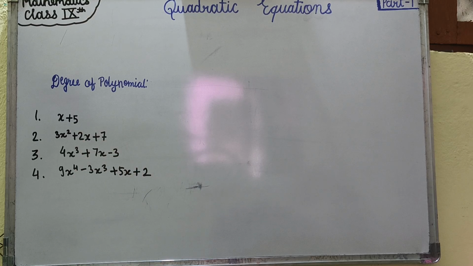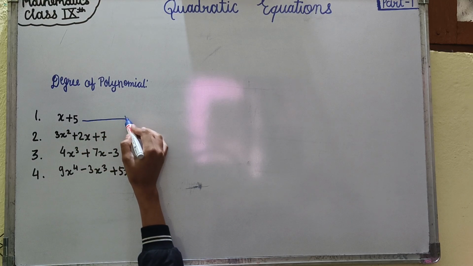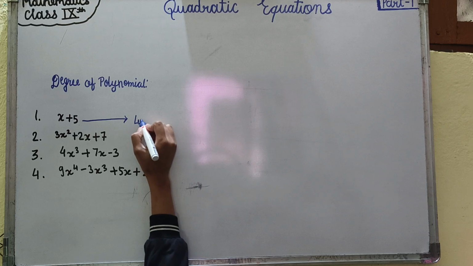In first expression, the power of x is 1 and the power of constant term 5 is 0. Remember that the power of every constant term is always 0. So the polynomial having the degree as 1 is called linear polynomial.